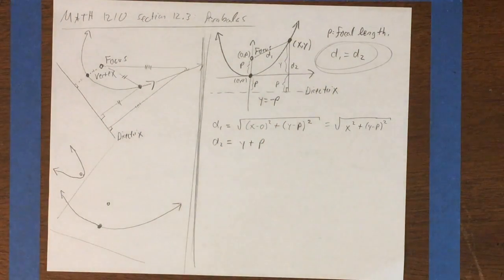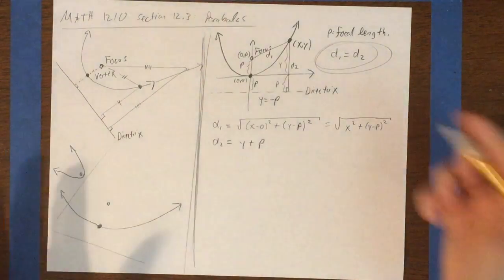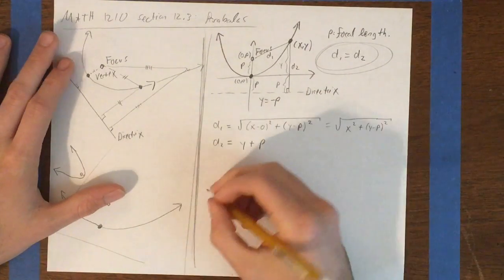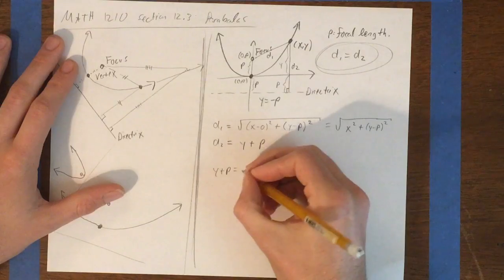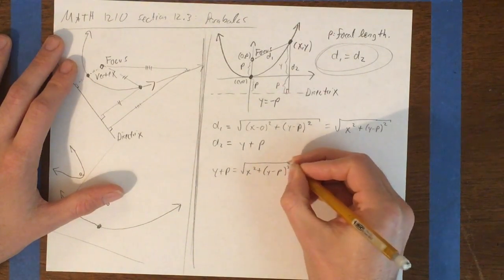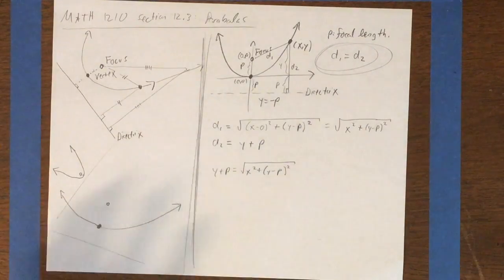All right, so now we've calculated d1 and d2 independently. That is for an arbitrary point on the parabola, right? So now all we need to do is set these equal to each other. So y plus p equals the square root of x squared plus y minus p squared. Actually, that is an equation for the parabola.